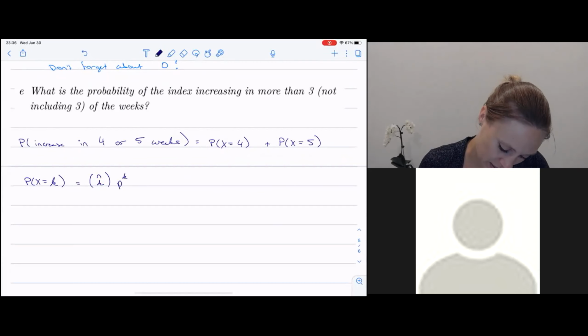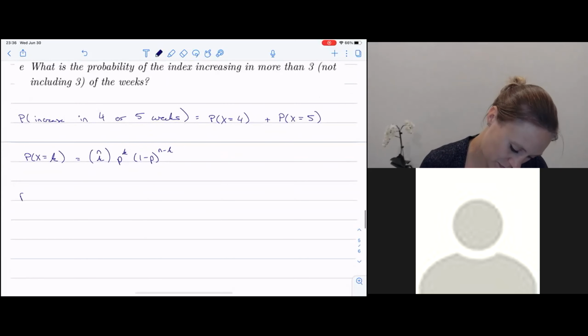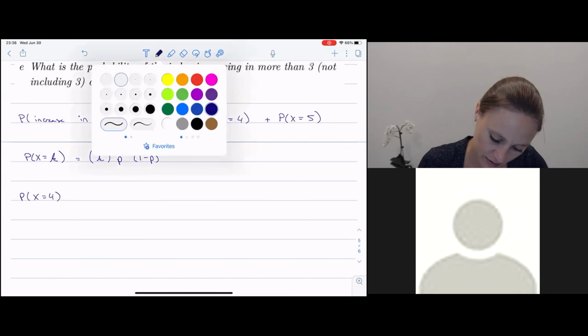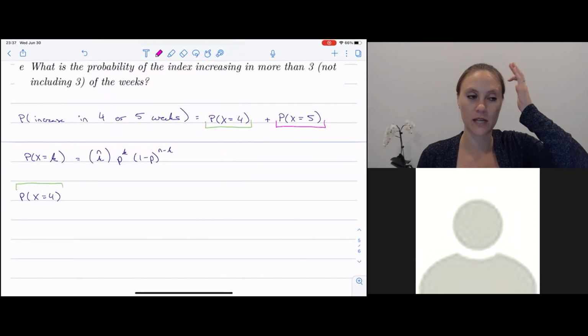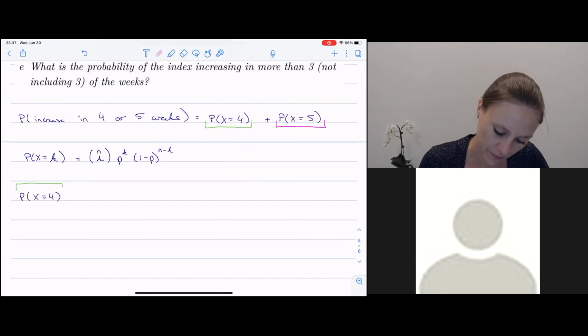P to the power of k times 1 minus p to the power of n minus k. Right? So then the probability that x equals 4 is going to take this spot here later. Maybe I'll use green. And then the probability that x equals 5, we'll calculate that later. But I just want to show you where stuff is coming from.